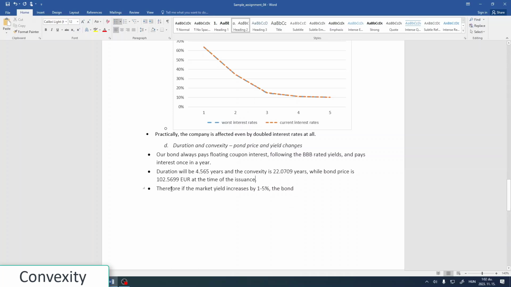Time of the issuance. Therefore, the bond, the following will be the following.